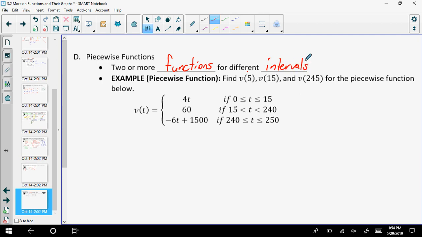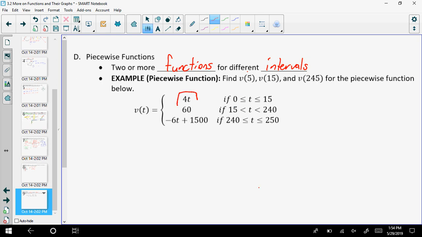Think of it as if you've ever had to go to the post office and mail something, they'll say, oh, if your package weighs from here to here, this could be the fee that you pay to mail it. If your package weighs from here to here, then this is your fee. So there's different fees per weights. That's kind of what's going on here with this example.